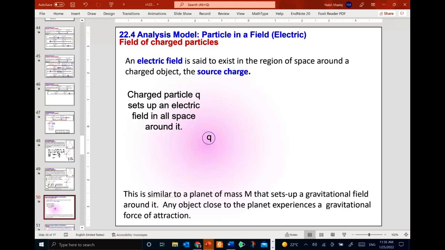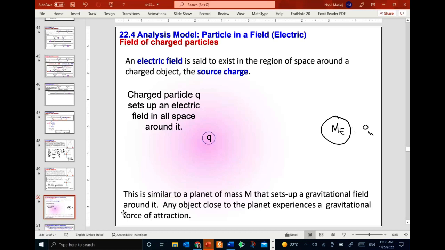This is very similar to a planet, for example, setting a gravitational field around it. Let's assume you have a planet, Earth, for example, and it has a large mass. If you have a satellite like the moon, not very distant from Earth, the Earth has a gravitational field.